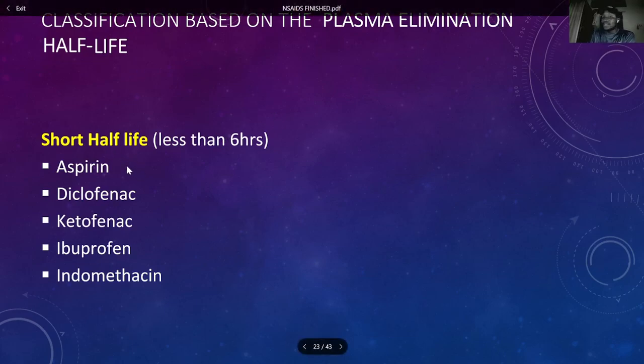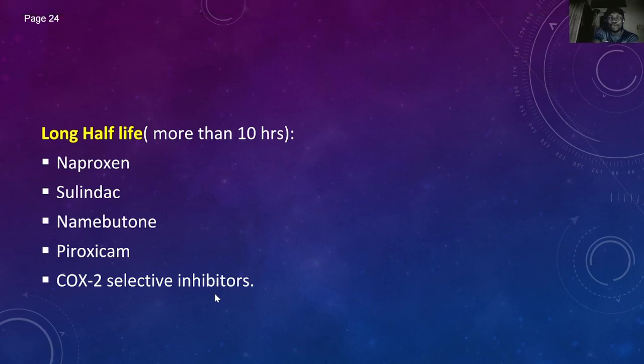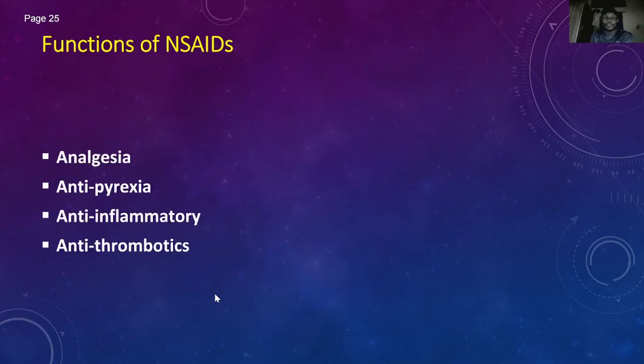So aspirin is one example, diclofenac, ketorolac, ibuprofen, indomethacin. Now for long half-life, that is more than 10 hours, we have naproxen, sulindac, nabumetone, piroxicam, and COX-2 selective inhibitors. So COX-2 selective inhibitors generally have a long half-life.